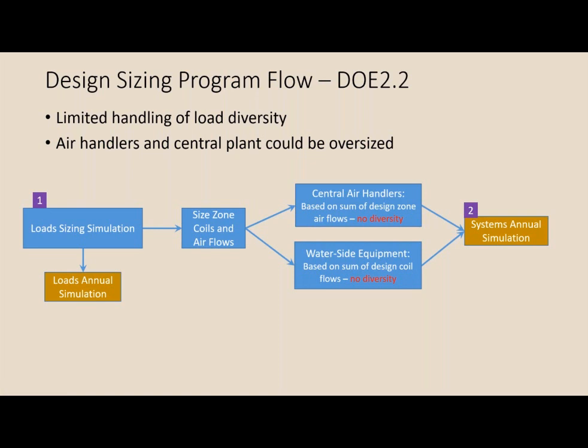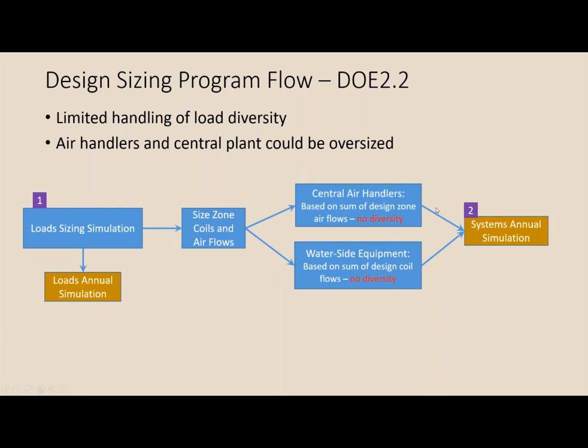And then it takes that information and passes it to air handler and waterside equipment to calculate sizes of those. But there are no additional loops of sizing that happen, and the diversity is not really handled in the air handler and central plant calculations.